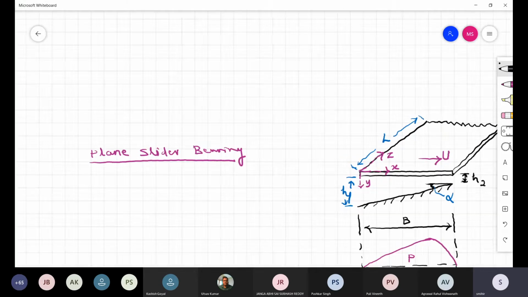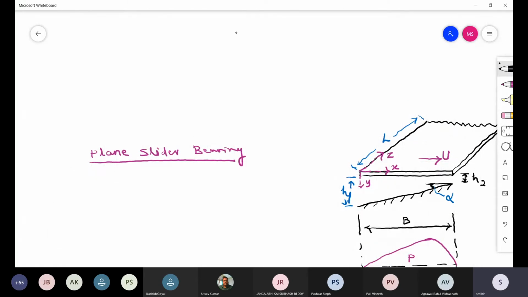As we discussed in the last class, you can start from the two-dimensional equation, or you can start from the equation that I derived at the end, which is del P upon del X equals 12 eta U divided by H cubed, times H minus Hm. This is the expression that we derived last class. In this expression, capital U equals (UA plus UB) by 2.